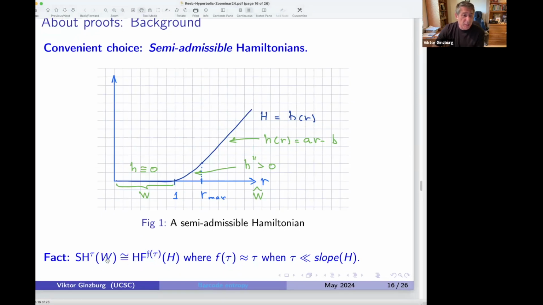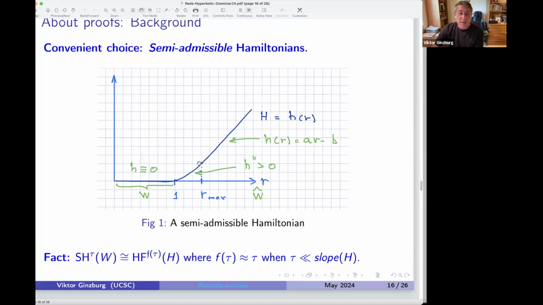Namely, the Floer homology of such a Hamiltonian is literally equal to the symplectic homology of the Liouville domain, up to changing slightly the action threshold. So I need to reparameterize the action, and of course the whole thing is bounded from above by the slope of the Hamiltonian.